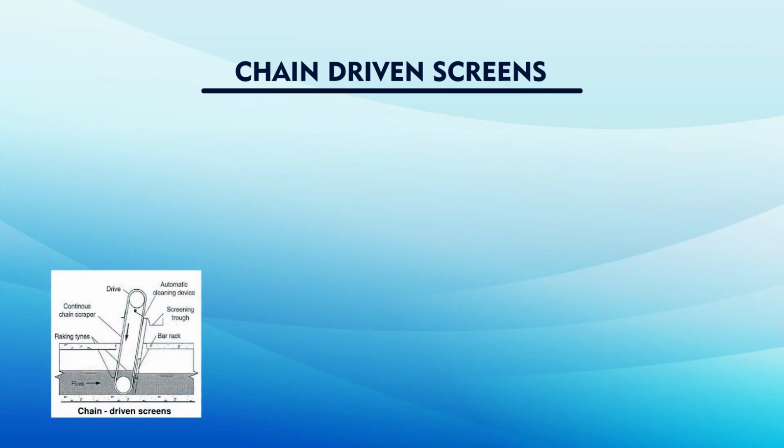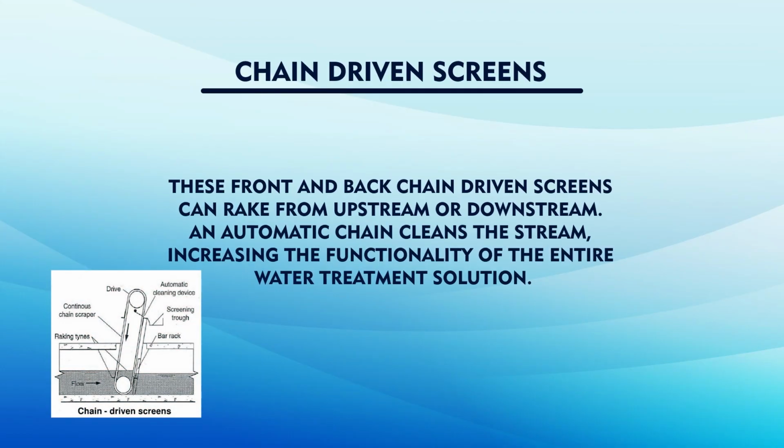Chain driven screens. This is the figure for the chain driven screens. These front and back cleaned chain driven screens can rake from upstream or downstream. An automatic chain cleans the stream, increasing the functionality of the entire water treatment solution.